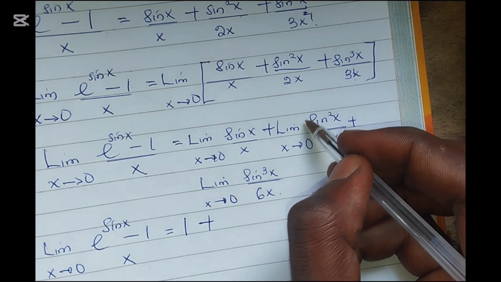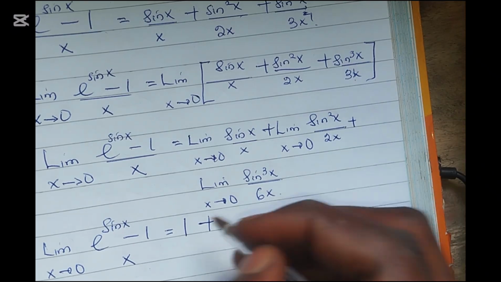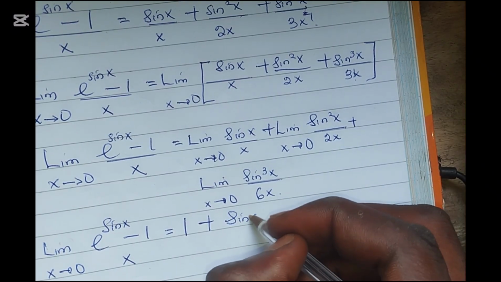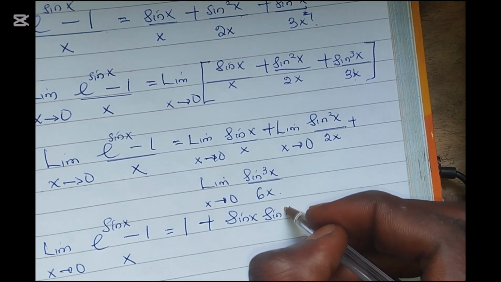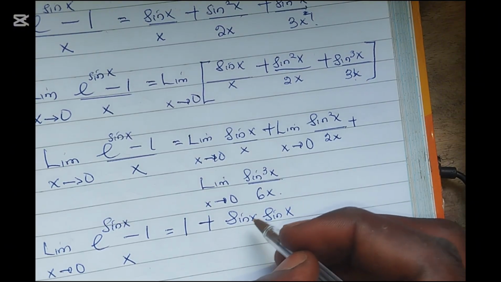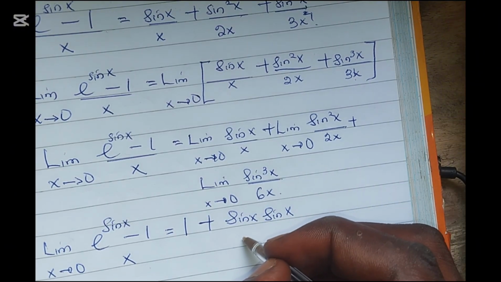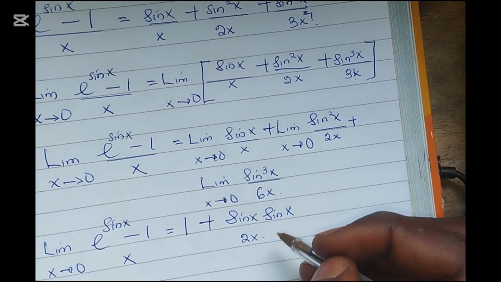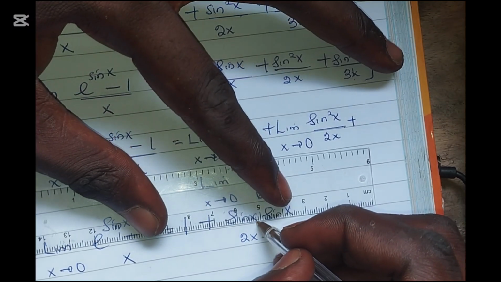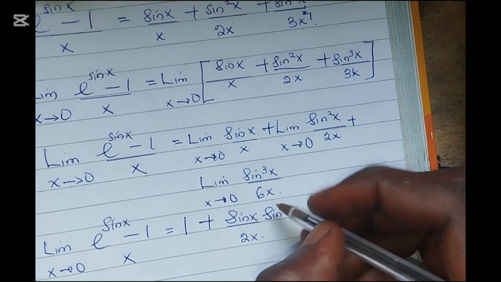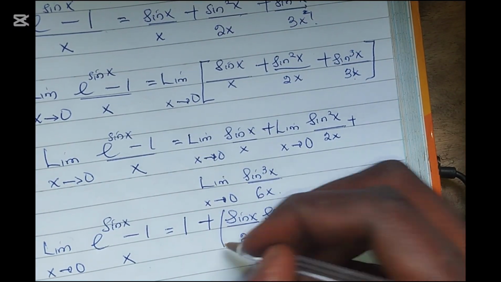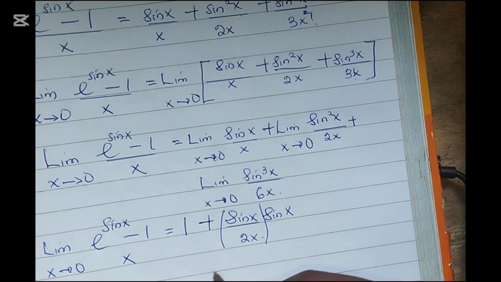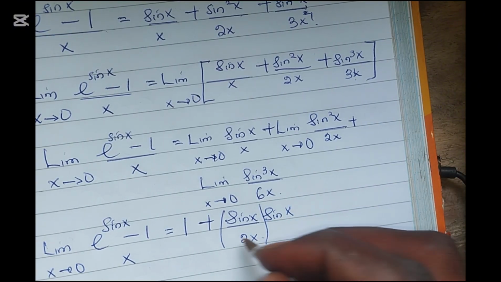Now let's imagine that we have this. This is sine x by sine x. Imagine that one of these sine x is having the 2x. And don't forget that we are applying the limit to this here.